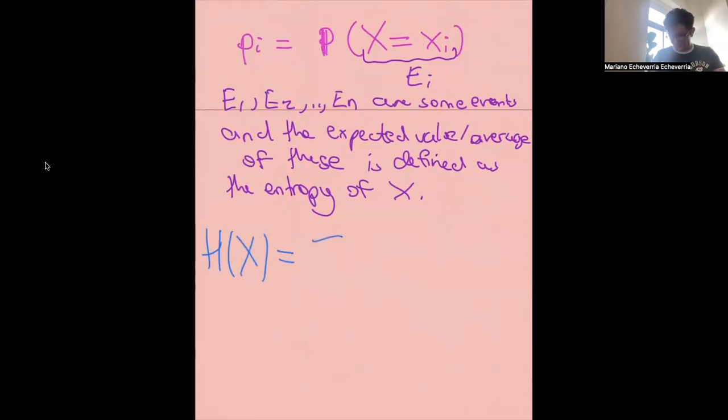It's just the sum from i equals 1 to n of pi times the information of Ei.